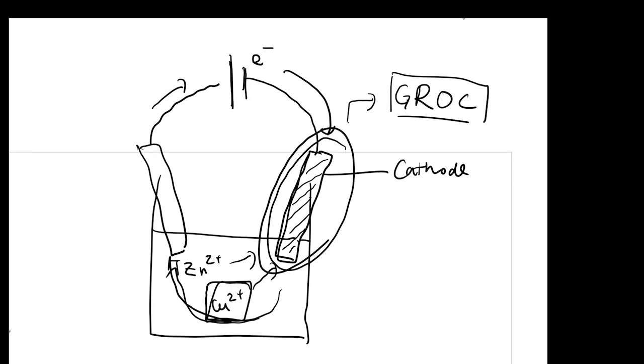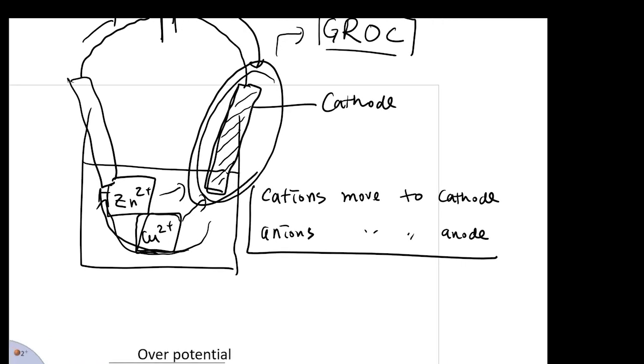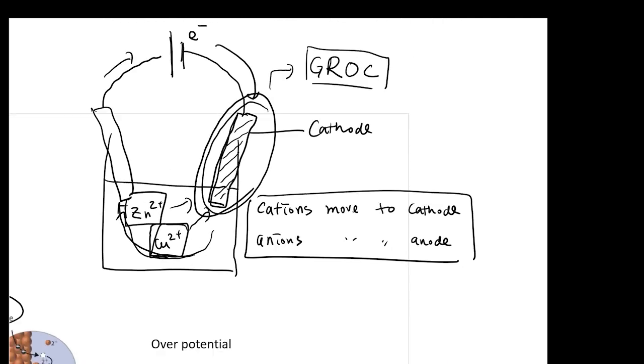The new thing is that your cations inside your solution, for example your copper 2 plus or zinc 2 plus in this case, will move toward the cathode. Cations move to the cathode, and the anions move to the anode. This is something unique in the electrolysis cell.